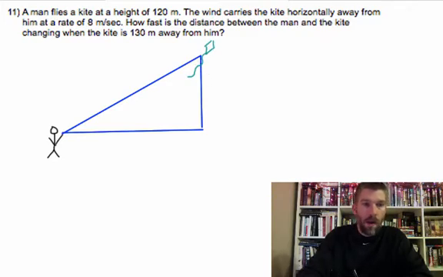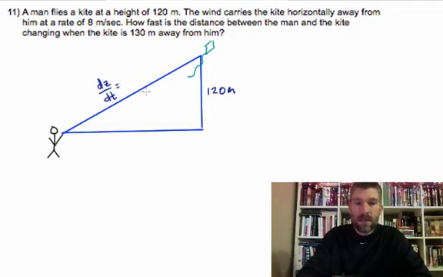And what we know about this kite is that it's at a height of 120 meters. So this side right here has to be 120. And we know the rate of change between the man and the kite, oh, well, let's see. We don't know that. So that would be a change in this hypotenuse. That's change in rate.